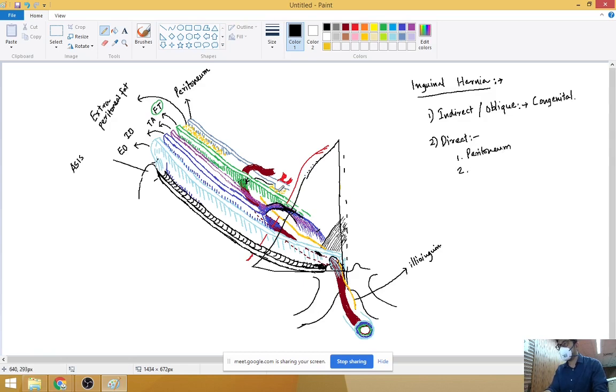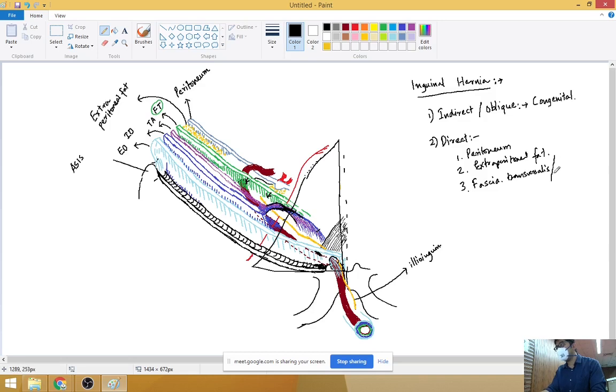The second will be the extraperitoneal fat, because these two cannot be avoided. The third, it is not going through this deep inguinal ring, isn't it? So it will directly give pressure here. So the third will not be the cremasteric muscle but fascia transversalis.